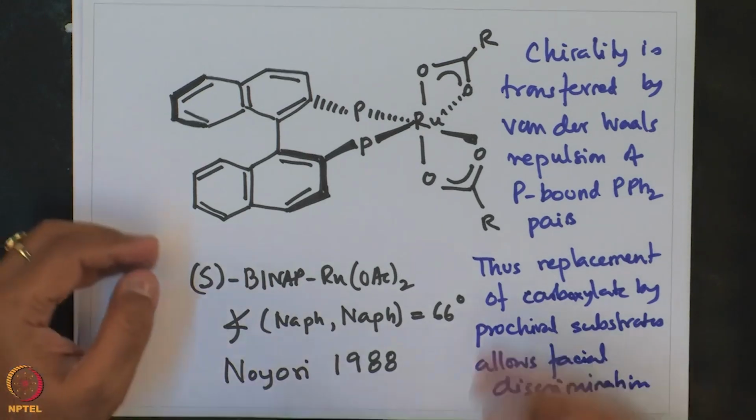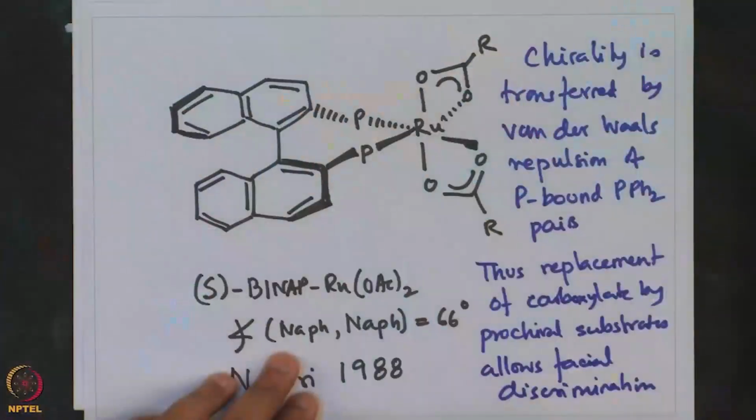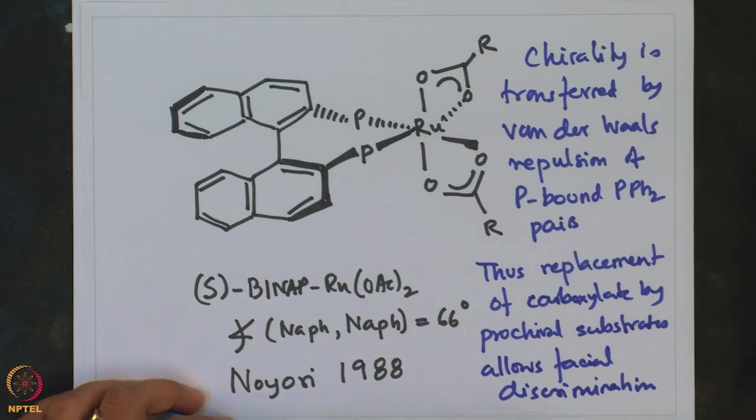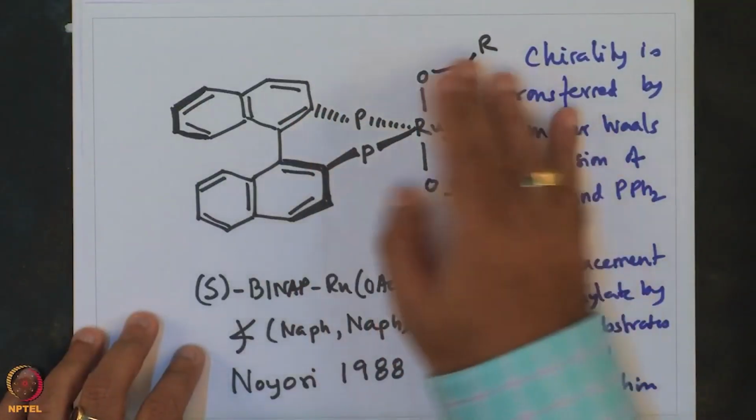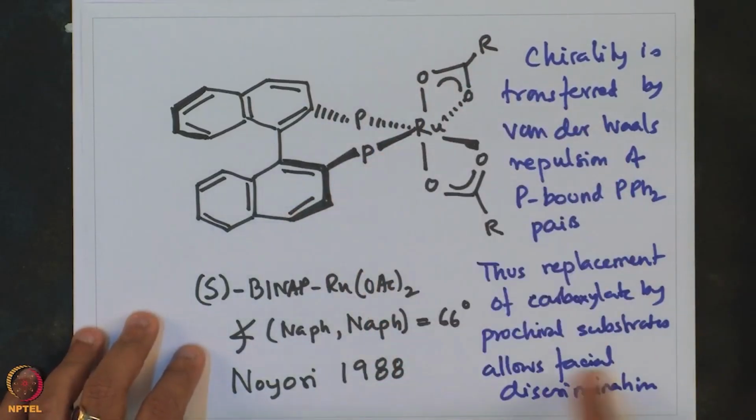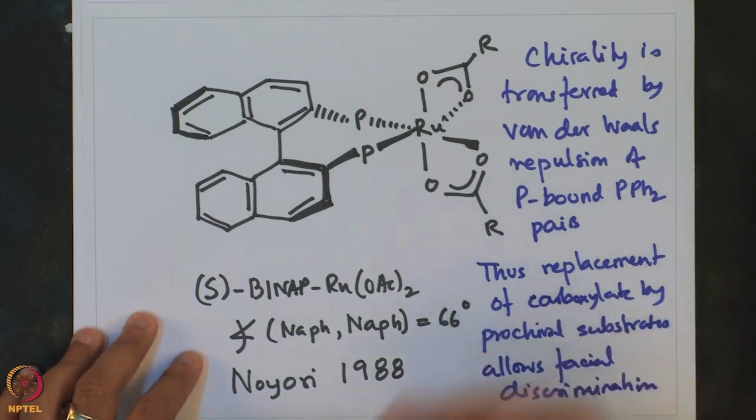So, this is an interesting attribute of this particular catalyst, where L is a BINAP ruthenium diacetate ligand, where the naphthalene angle is about 60 degrees, and the chirality is transferred by van der Waals repulsion of the phosphorus-bound PPh2 pair, which transfers the chirality onto ruthenium, and replacement of these carboxylates by prochiral substrates allows for facial discrimination, which eventually leads to higher chirality transfer.